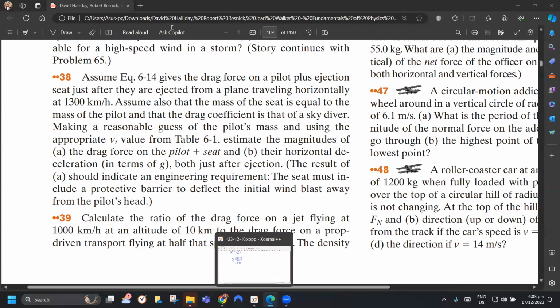All we need here is that the typical terminal speed for a parachutist is 5 meters per second. Pilots have parachutes when they eject, right? Yes, they do have a parachute.